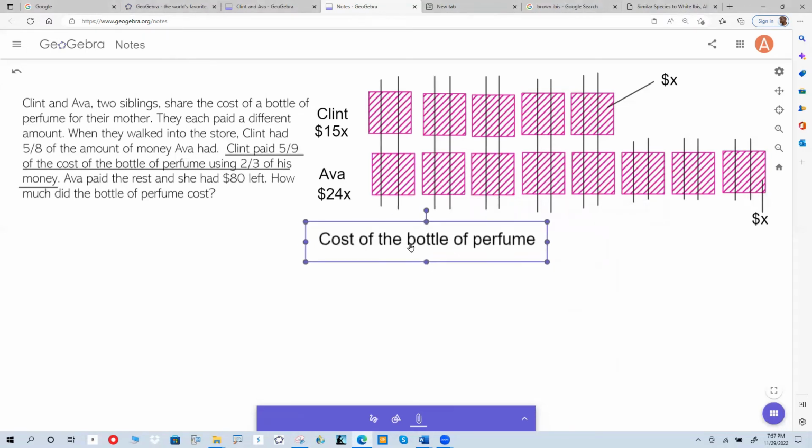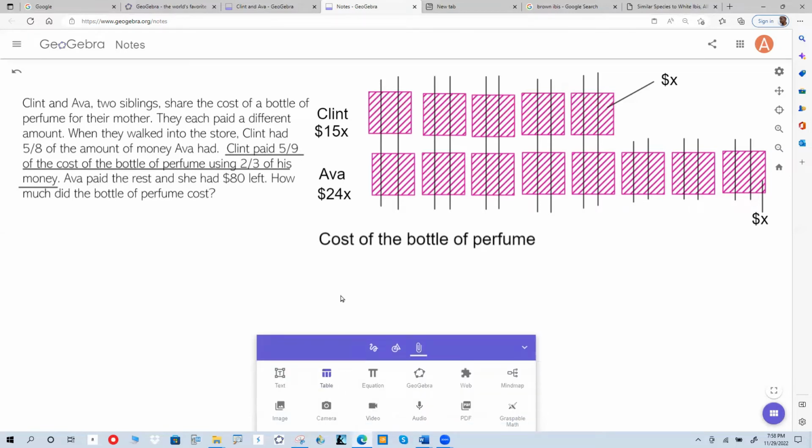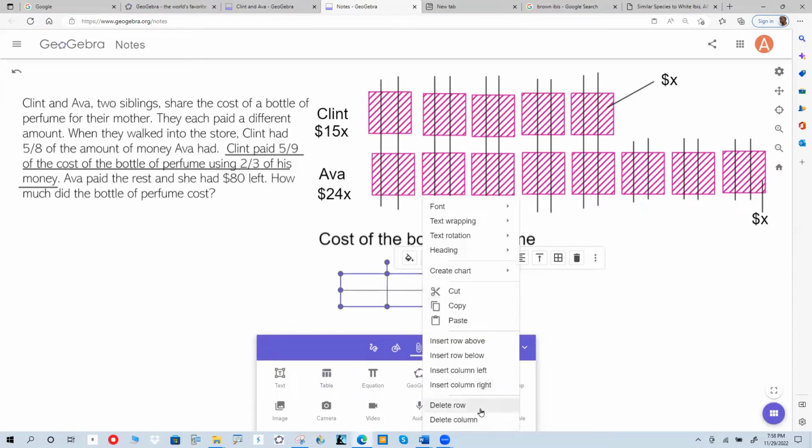Now the underlying part is difficult. Clint paid 5/9 of the cost of the bottle of perfume using 2/3 of his money, and of course Ava paid the rest. So the cost of the bottle of perfume can be represented by a strip with 9 equal parts.